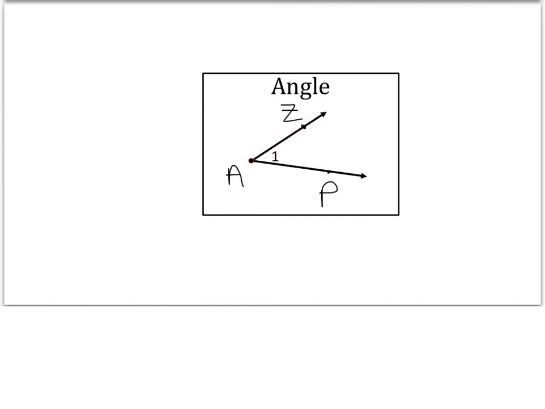So this is ray AZ, and this one here is ray AP. So it goes from A in the direction of P, and this one goes from A in the direction of Z. Now they intersect at this point, and this point is called the vertex.